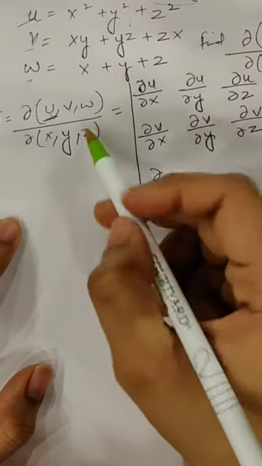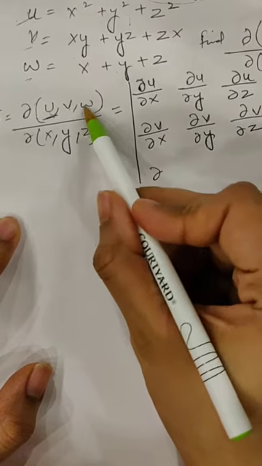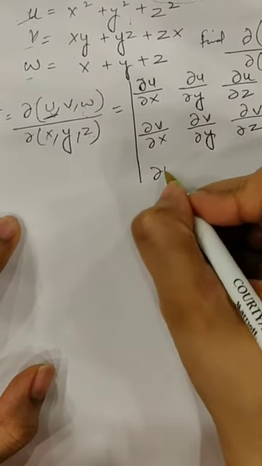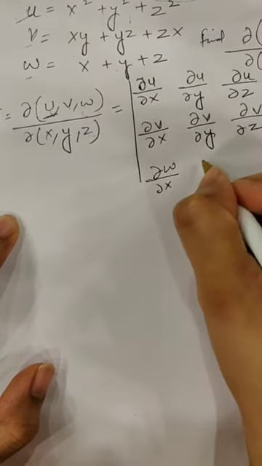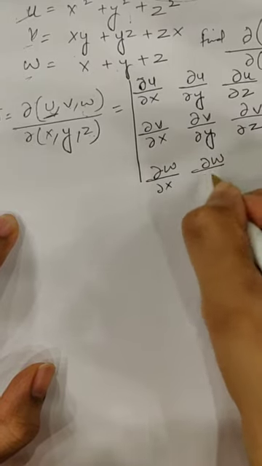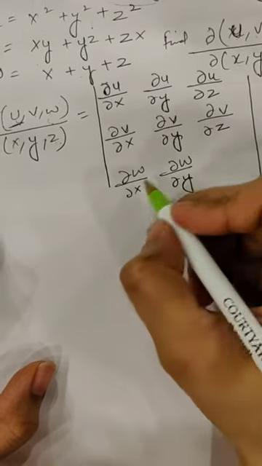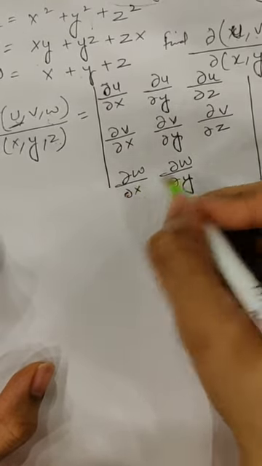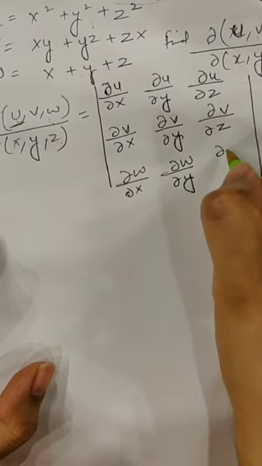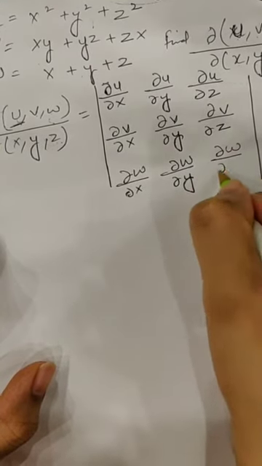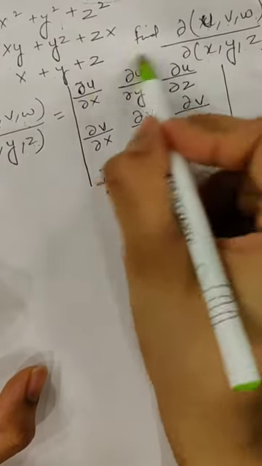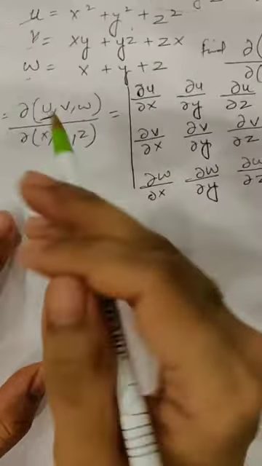The next row contains w: partial derivative of w with respect to x, with respect to y, and with respect to z. This entire thing is the Jacobian.